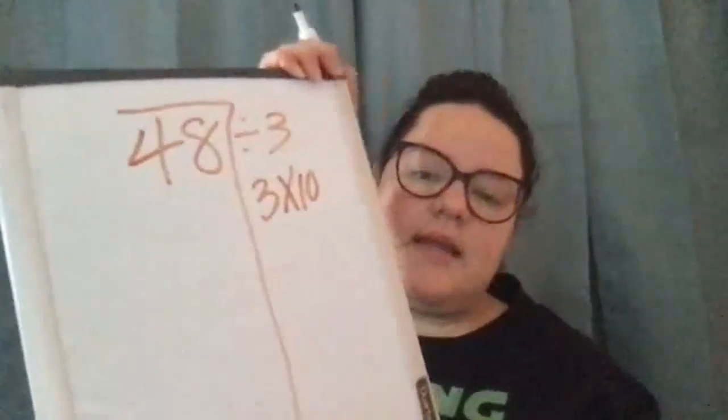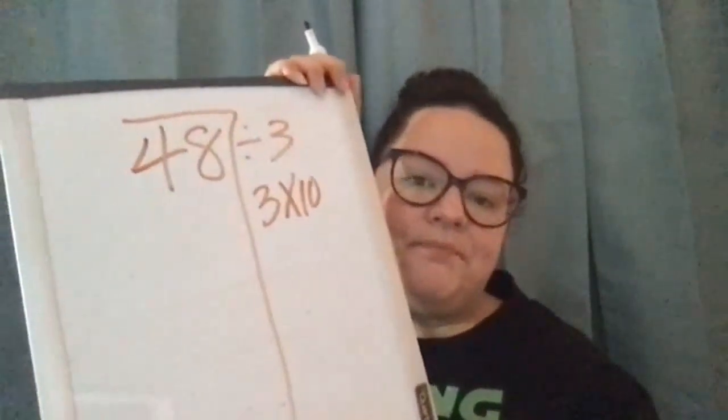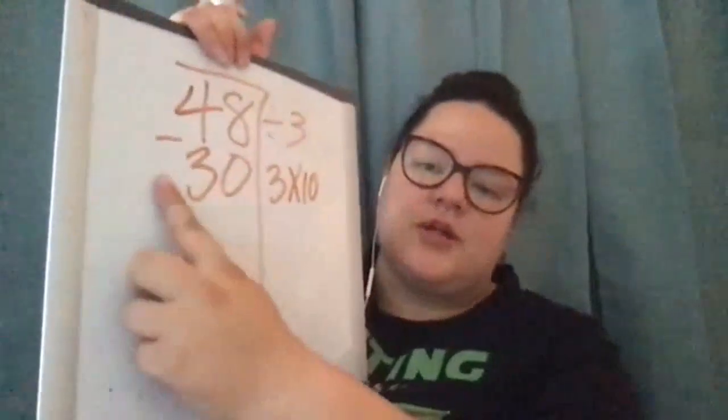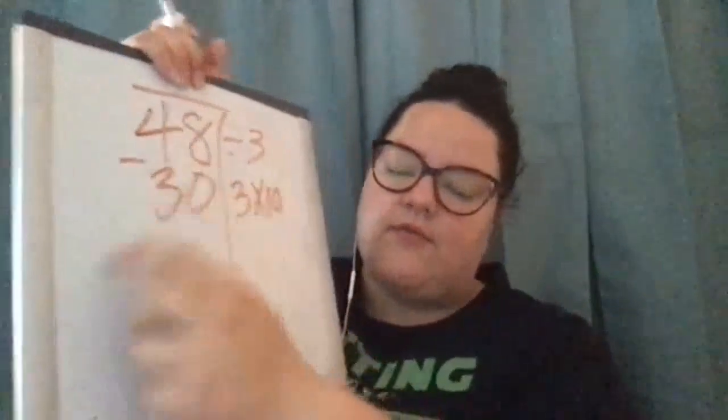Three times 10 equals what? 30. So we're going to subtract 30 from that 48. 8 minus 0, 0. 4 minus 3, 1.